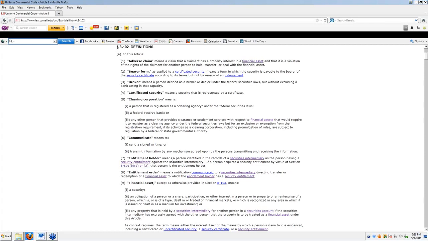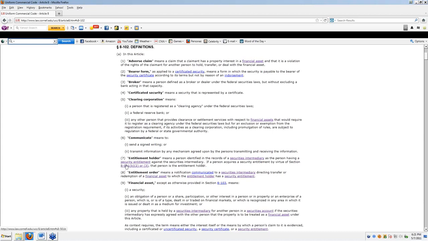Okay, so if you have an adverse claim, then you're an entitlement holder. What does that say? Okay, entitlement holder is a person identified in the records of a securities intermediary as a person having a security entitlement against the securities intermediary. If a person acquires a security entitlement by virtue of Section 8-501(b)(1), (2), or (3), that person is the entitlement holder.